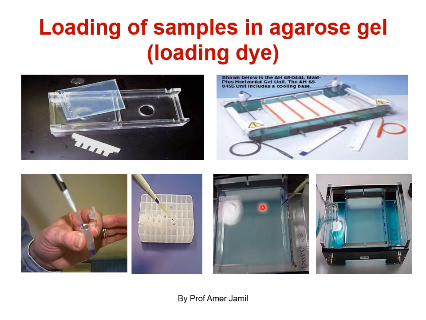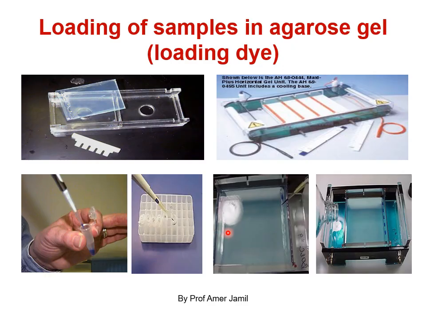This gel is ready for loading of the samples. Before loading the samples, you have to add a dye to your samples. This dye will act as a loading dye as well as a tracking dye. There are two uses of this dye. As a loading dye, it increases the viscosity of the sample, and it also gives color to your sample, which is colorless.